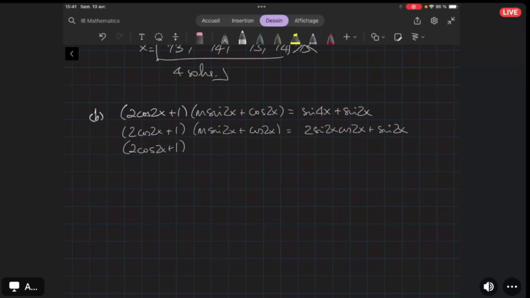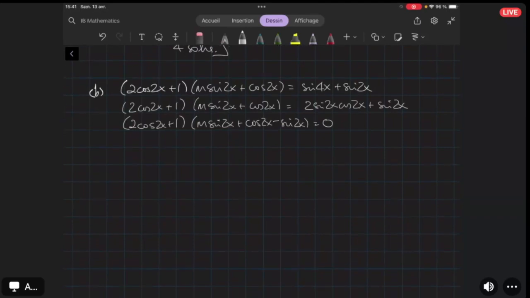So m sine 2x plus cos of 2x minus sine of 2x, that's going to be 0. So you have two options. You have cos of 2x is equal to negative 1 over 2, or you have m minus 1 sine of 2x plus cos of 2x is equal to 0.